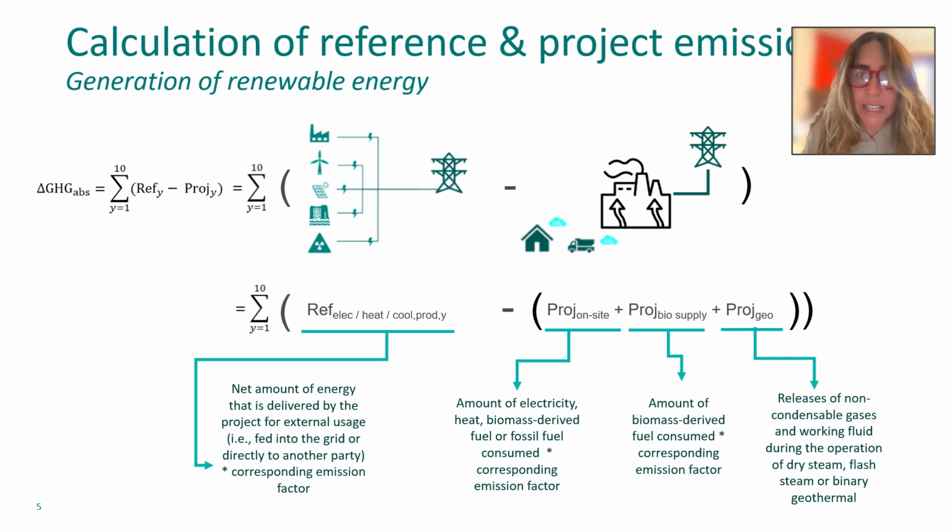The reporting of leakage emissions is mandatory for all geothermal projects regardless of the topic. As for the emissions from the production and supply of biomass-derived fuels, they are mandatory for all projects using these resources, again, irrespective of the sector and of the topic.